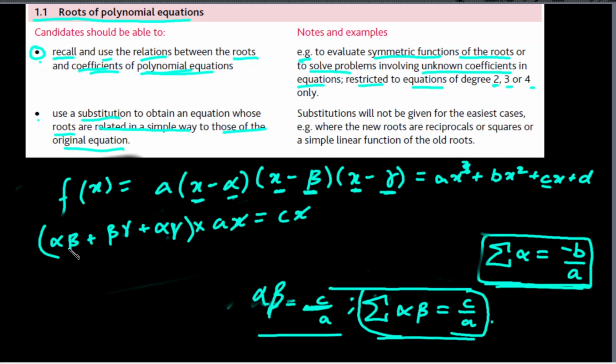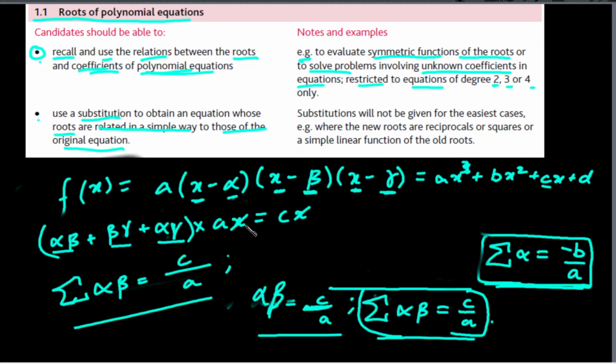So this again gives you alpha beta, beta gamma, and alpha gamma, which looks like this formula right here, doesn't it? So we could just state that the sum of alpha beta, where alpha beta is the product of two roots, and the sum is over their combinations, and the combinations of their products would be equal to c by a from this equation right here, right?